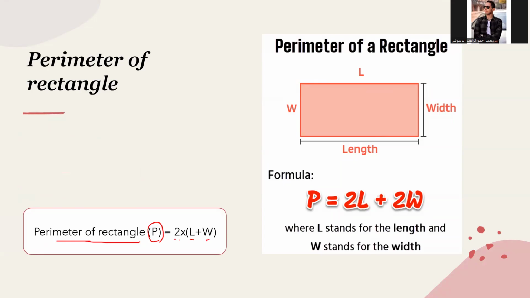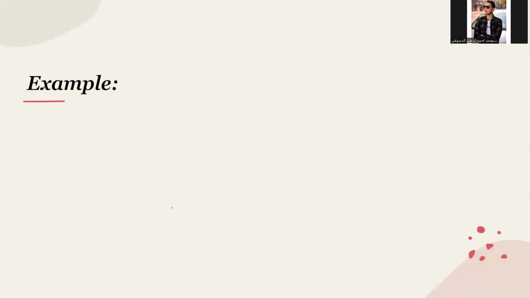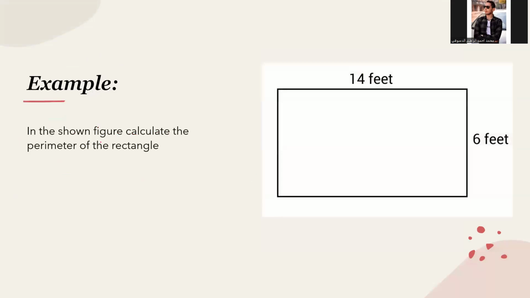Okay, let's take an example for this. In the shown figure, calculate the perimeter of the rectangle. So I have a length of 14 and a width of 6. We start with the formula to solve the equation. The perimeter is 2 times length plus width.